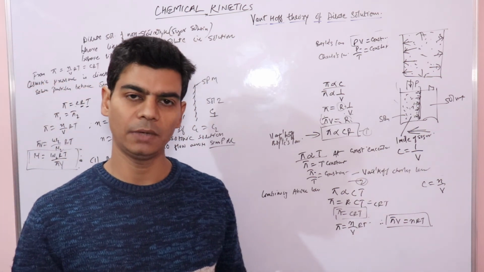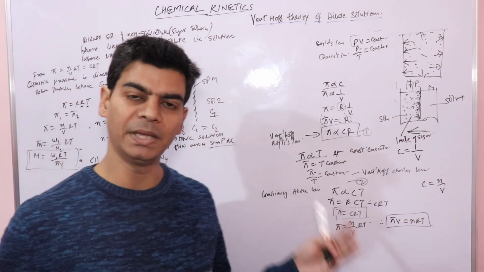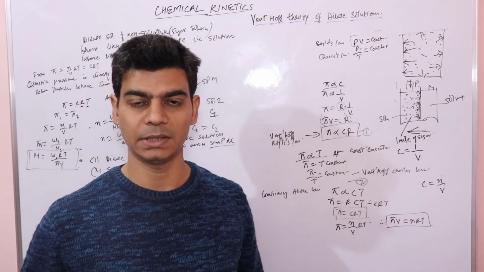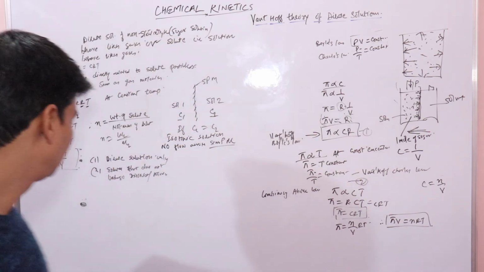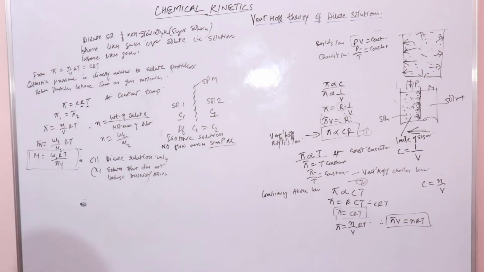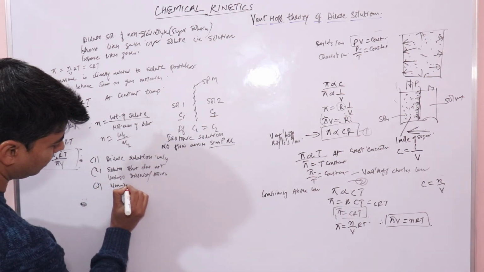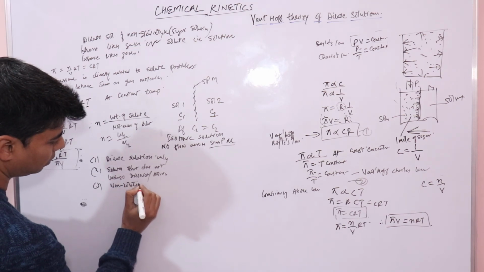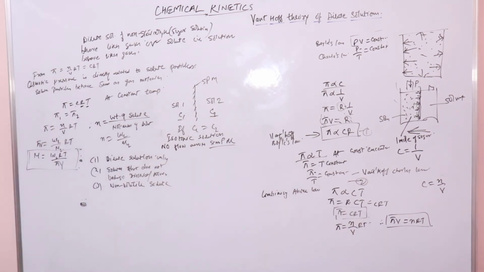Sodium chloride will undergo dissociation, so it doesn't apply to sodium chloride solution. Or benzoic acid in benzene will undergo dimerization, where two molecules combine to form one bigger molecule, so it doesn't apply to that as well. So it applies to solutes that do not undergo dissociation or association. And the solute should be a non-volatile solute. So these are the things.